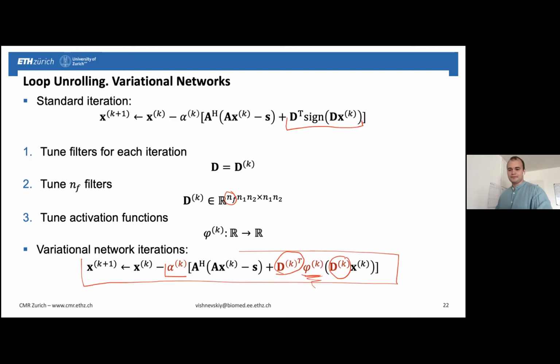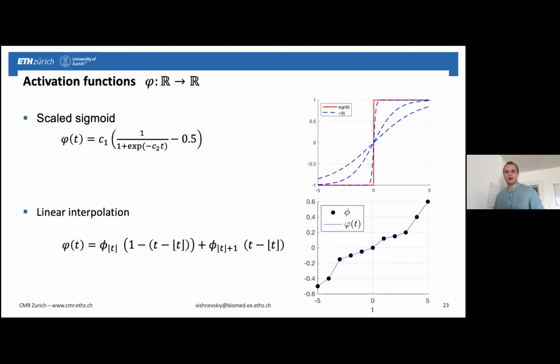Just a short detail about the activation functions. In regular neural networks, what we usually have is ReLU, right? And ReLU doesn't have any learnable parameters, but there are some other modifications of ReLU, like leaky ReLU, where we can change the slope of the piecewise linear parts of the function.